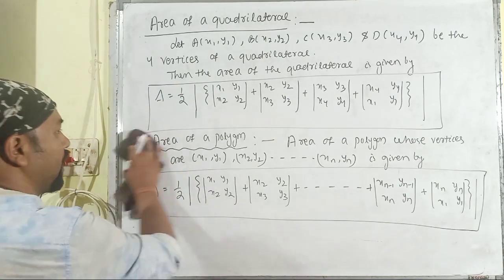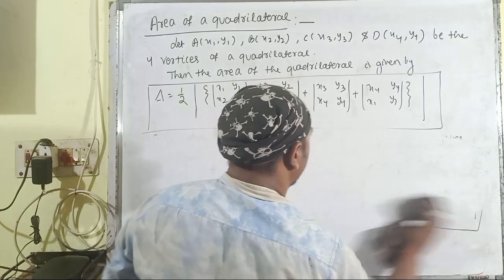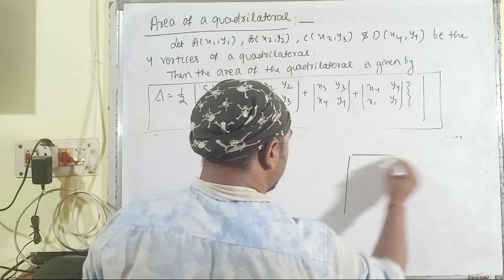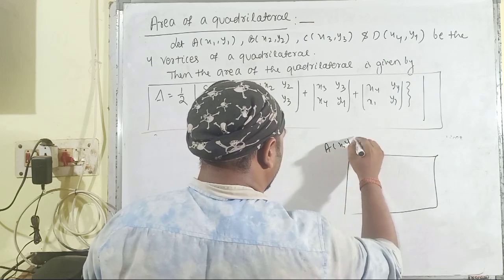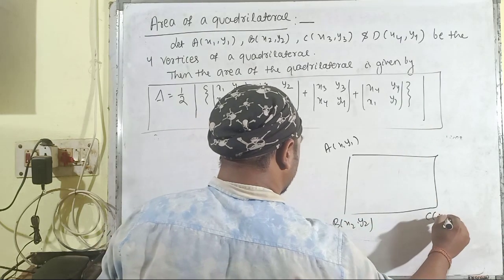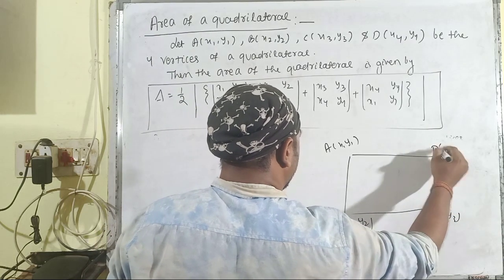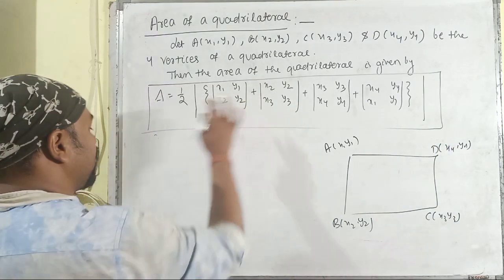Another method is there to evaluate the area of a quadrilateral. Suppose there is a quadrilateral A(x1, y1), B(x2, y2), C(x3, y3) and D(x4, y4). This is the determinant method.